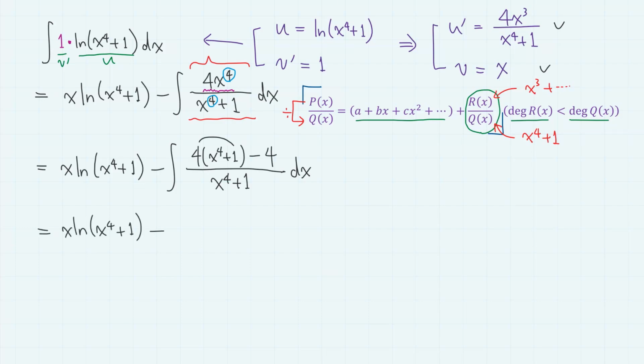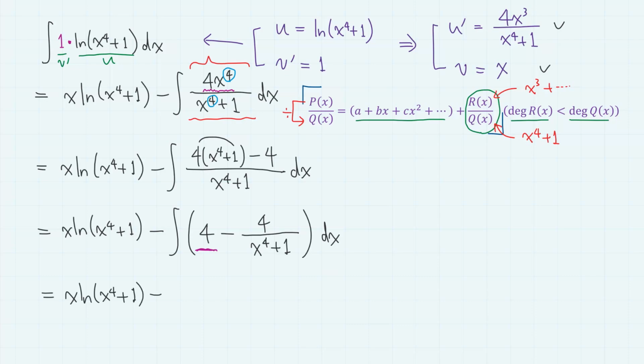So this part becomes minus the integral of 4 minus 4 divided by x^4 + 1. And this one we can easily integrate, so we have x ln(x^4 + 1) minus 4x plus the integral of 4 divided by x^4 + 1.